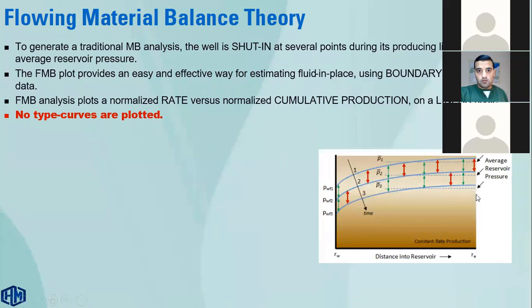In boundary dominated or pseudo-steady state flow, the reservoir pressure will decline throughout the entire reservoir at the same rate, or at a constant rate, because partial P over partial t will be constant.